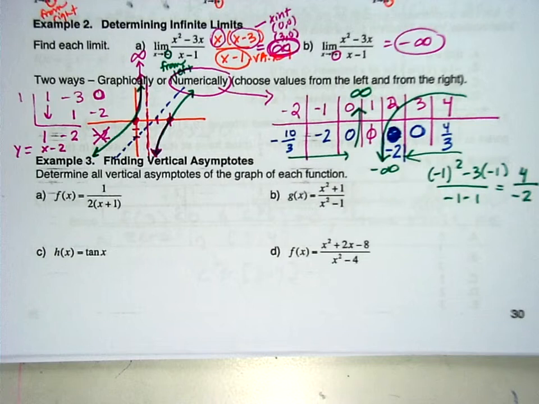Tangent. Come on, you guys, don't you remember where your asymptotes are? That's one of them. Where are the other ones? That's two of them. How do we write that?